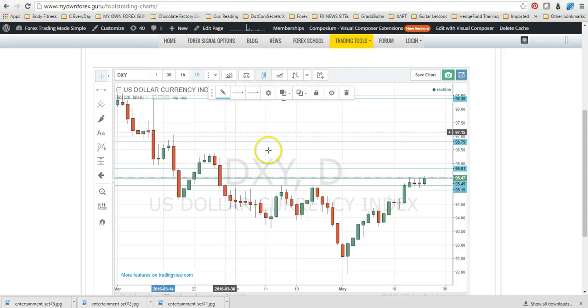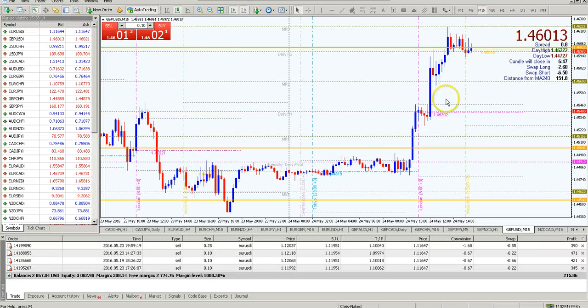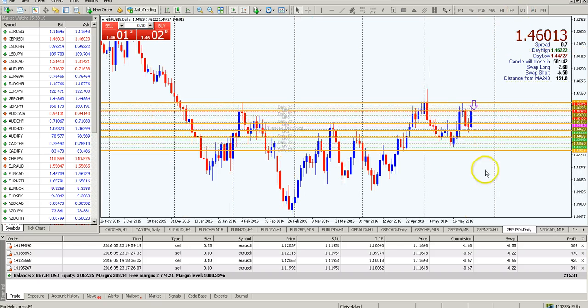So we're going to take a look at the pound dollar. Pound dollar, the pound is also referred to as the cable. Again, we'll take a look here. We see that it's gone up here to a previous order block, and also when you look at this consolidation range, we see that it's at the top of it. It's a fairly good resistance level.